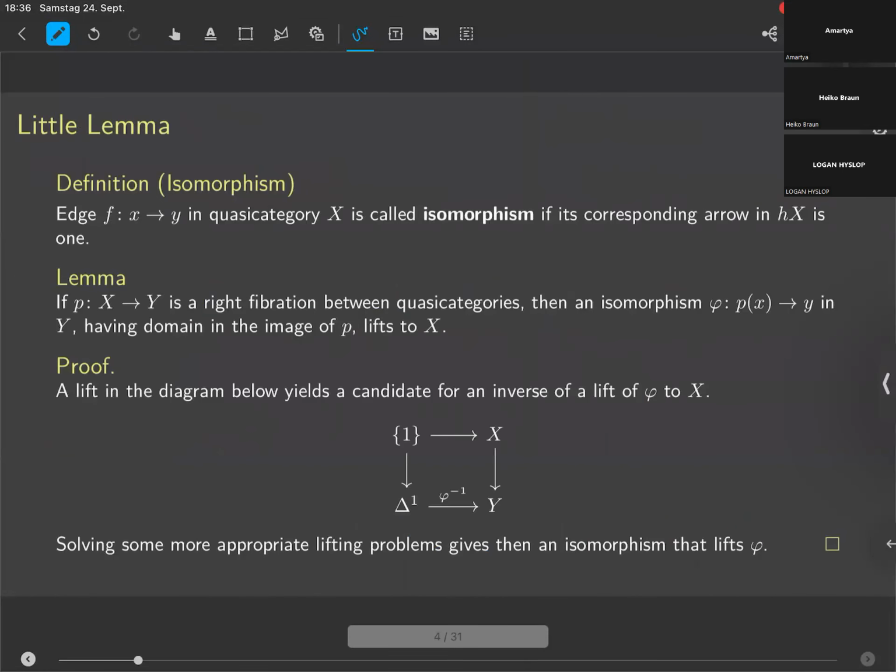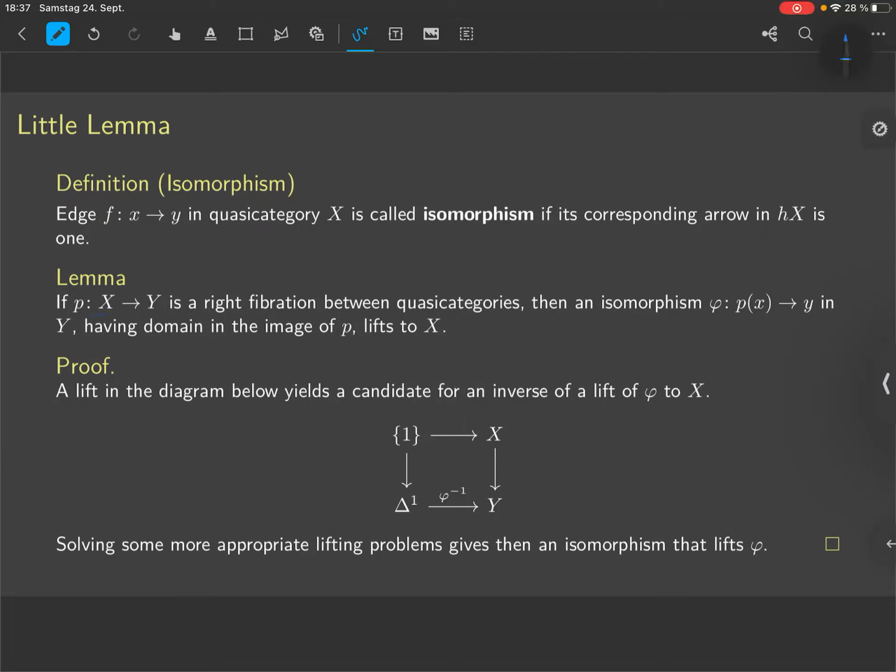It shall just be an isomorphism in this homotopy category. And when we have a right fibration between quasi-categories like this, then any isomorphism that starts at P of X and goes to some Y, where P of X is the image of a vertex from X and now lives in Y, so the domain is in the image, lifts to an isomorphism in X. This is the notion of isofibration in fact.